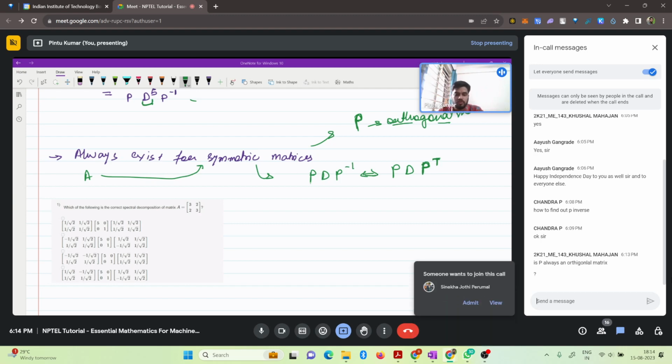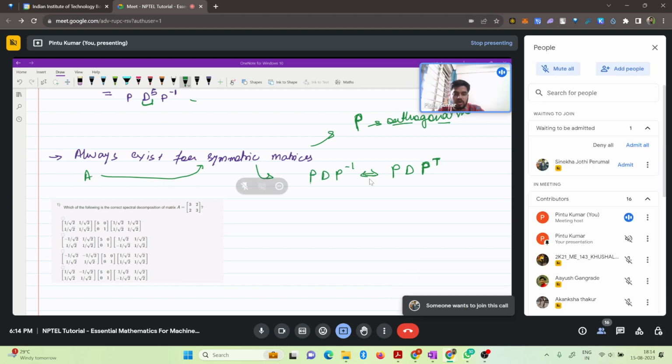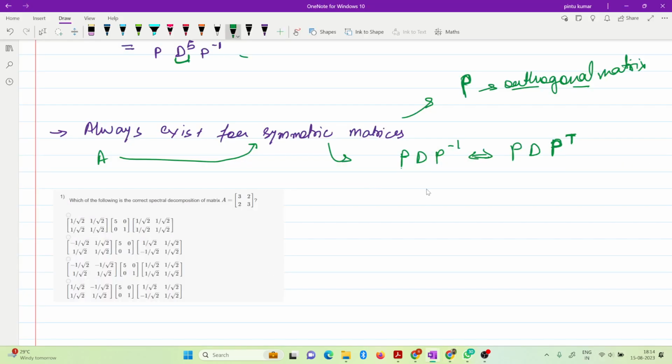So what is the property of orthogonal vectors? If you have two vectors v1 and v2 which are orthogonal to each other, then v1 dot v2 is equal to 0.